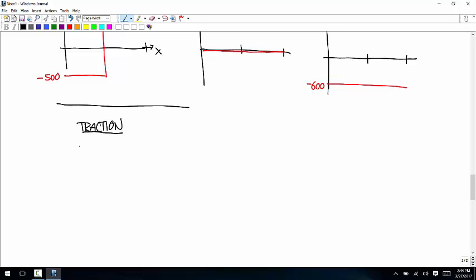So traction says the stress tensor times the outward facing normal is equal to the traction vector.